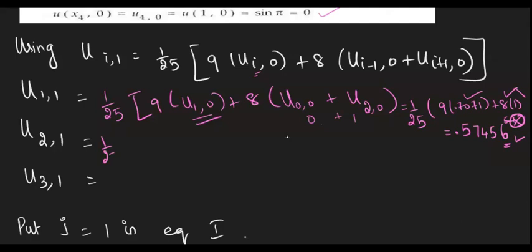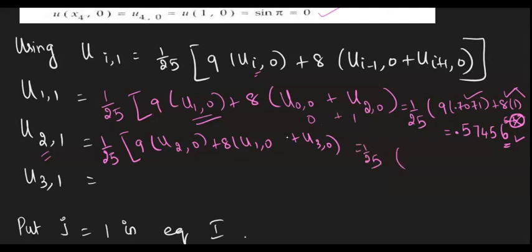Similarly, what is u of 2 comma 1? 1 by 25 into 9 into, in the place of I what we have? 2. So u of 2 comma 0, plus 8 into u of 1 comma 0 plus u of 3 comma 0. So we have to substitute all these values here. So 1 by 25 into, sorry for the bad handwriting, 9 into u of 2 comma 0 is 1.